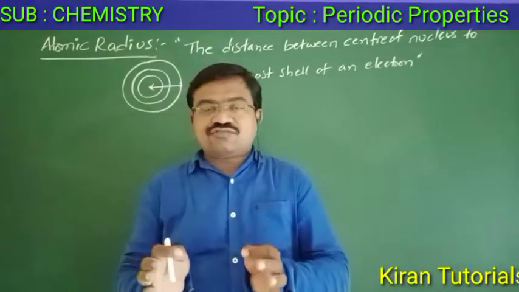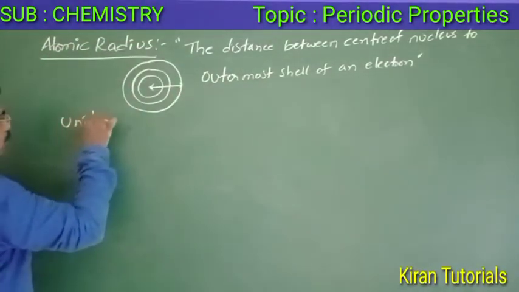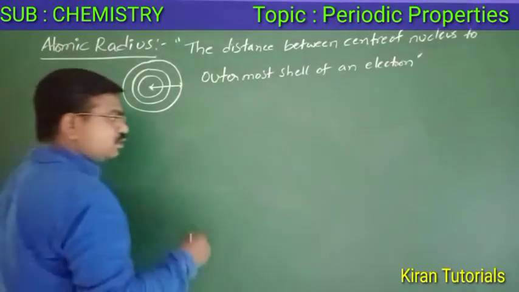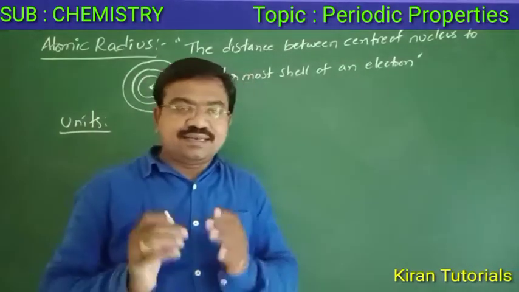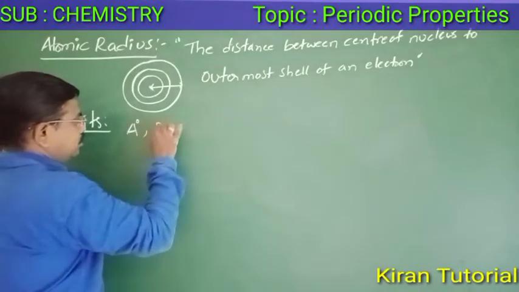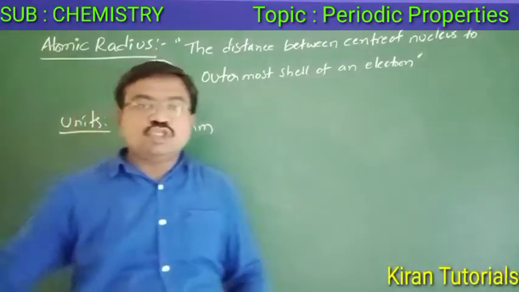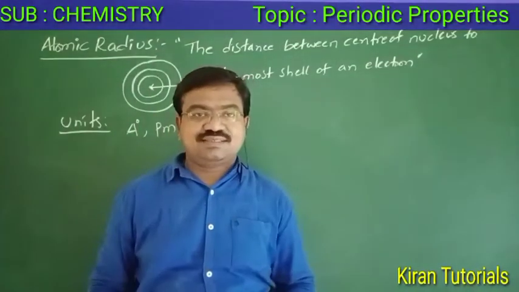The units of atomic radius. So atomic radius is measured in angstrom, picometers, nanometers. These are the units of atomic radius.